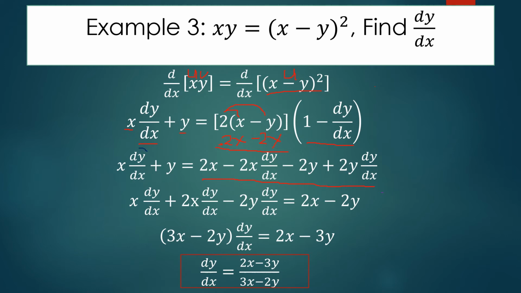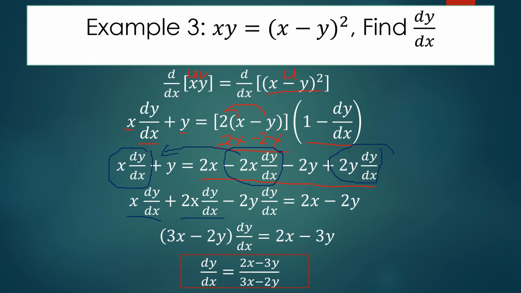Okay, so we have here the term negative 2x dy over dx. As you can see, itong term na to ay nandito sa other side of the equation. If you are going to transfer in the left side of this equation, since negative yung sign niya, magiging positive. So we have positive 2x dy over dx.